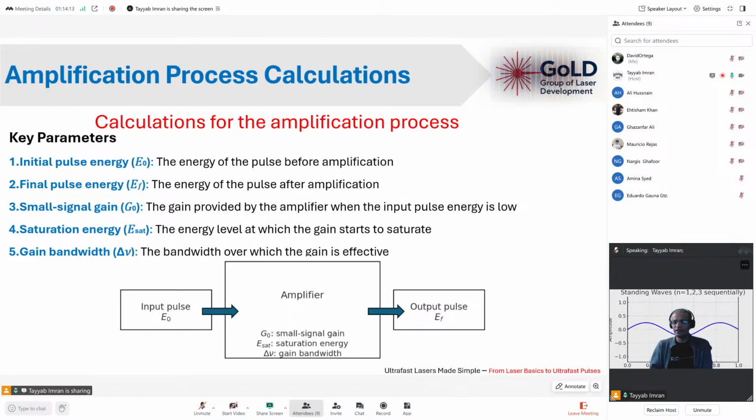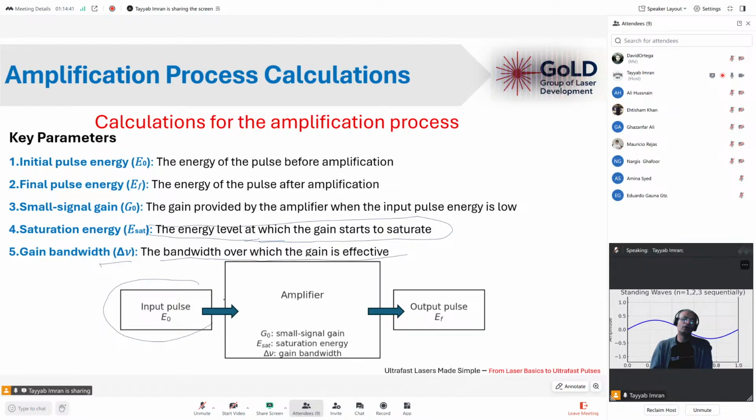The saturation energy, like the saturation intensity, is the energy at which the gain starts to saturate. And the gain bandwidth is the bandwidth over which the gain is effective in the gain medium.